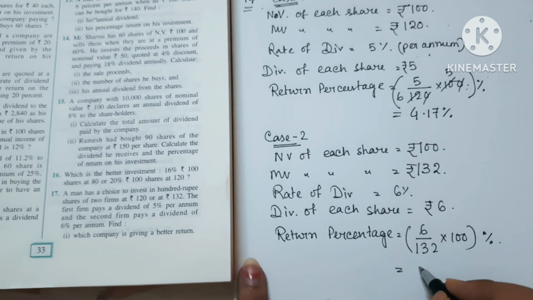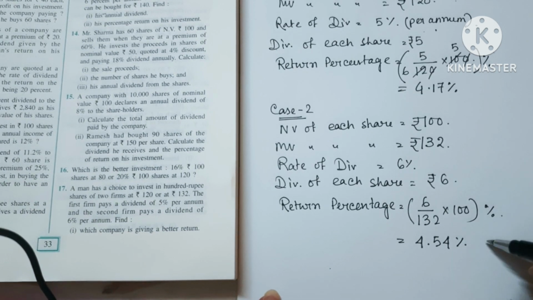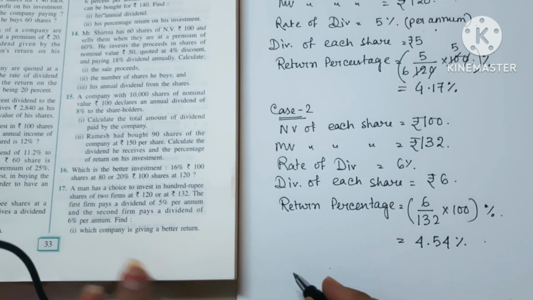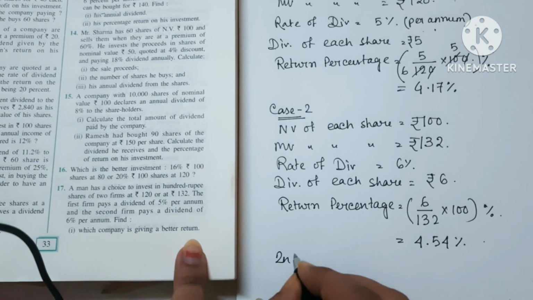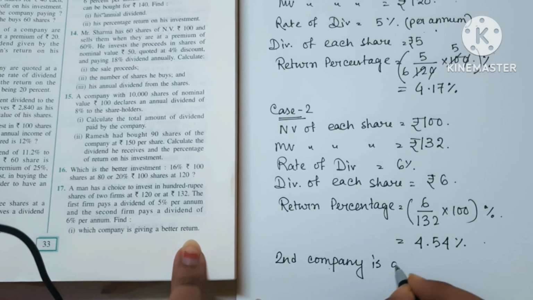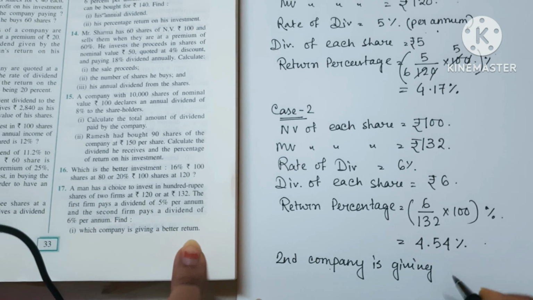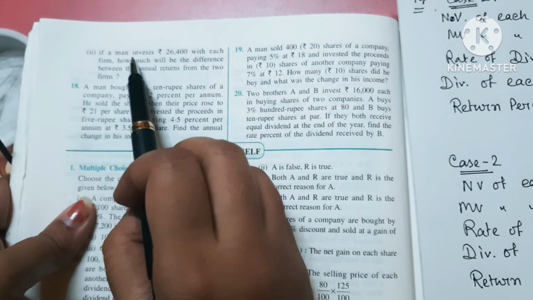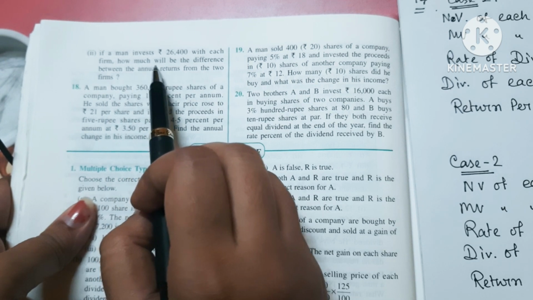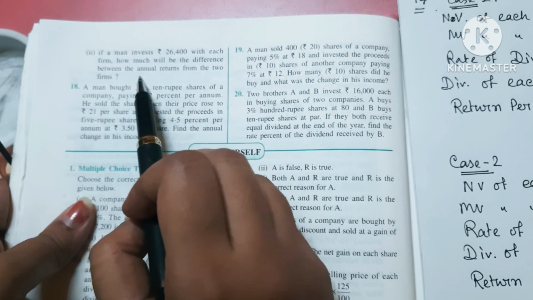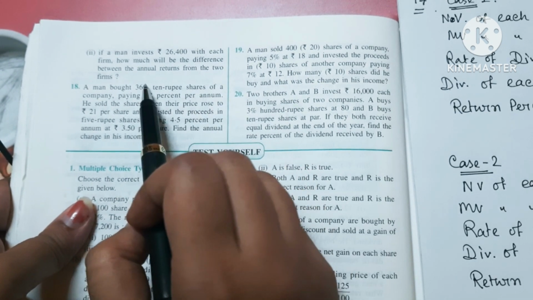If you calculate, from here we can conclude that the second one is better. See which company is giving better return. So the second company is giving better return. If a man invested this money with each firm, how much will be the difference between the annual return from the two firms?